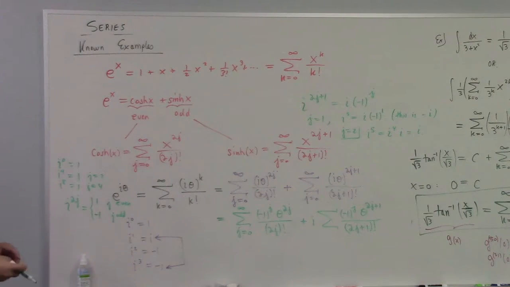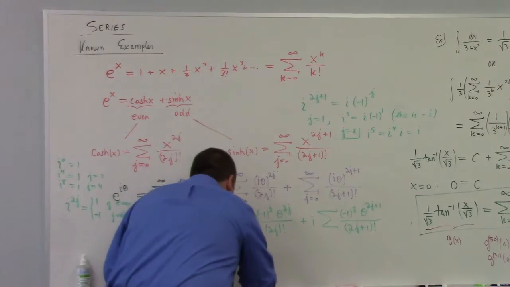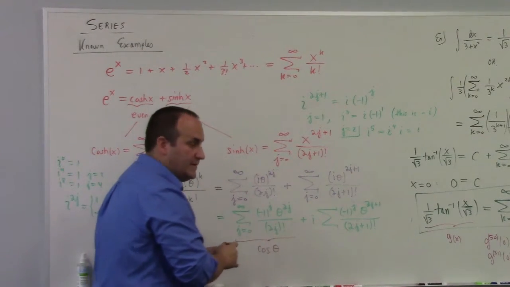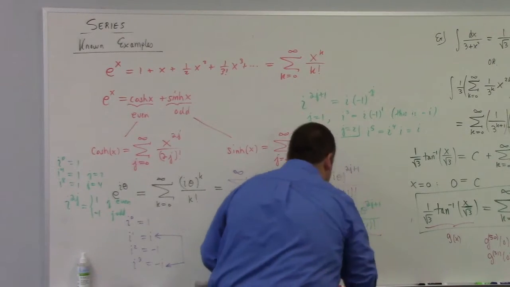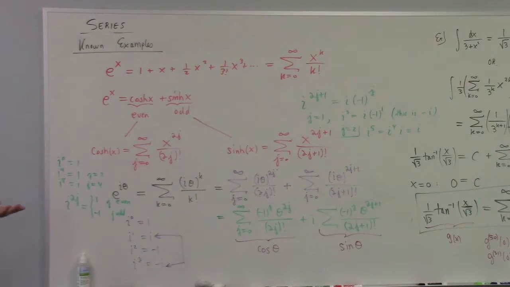Now, the beautiful thing, of course, is that this power series right here is exactly the power series for cosine, and this right here is exactly the power series for sine. And so this is a way to derive Euler's formula that I stated for you before, right?